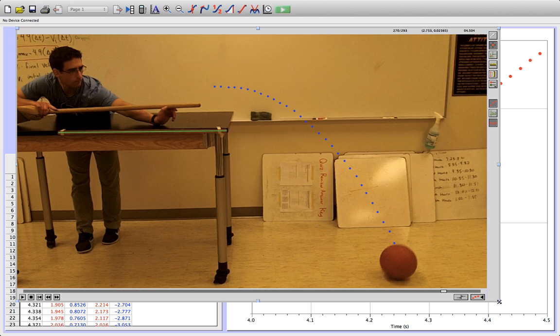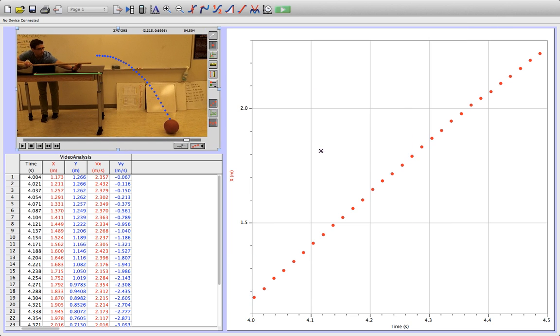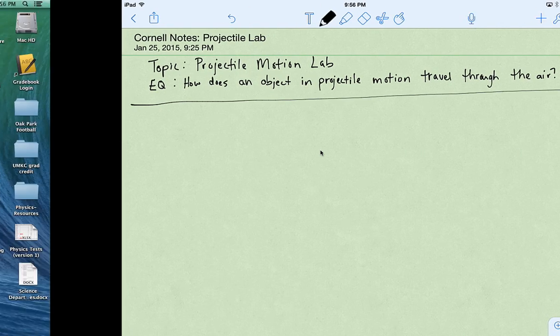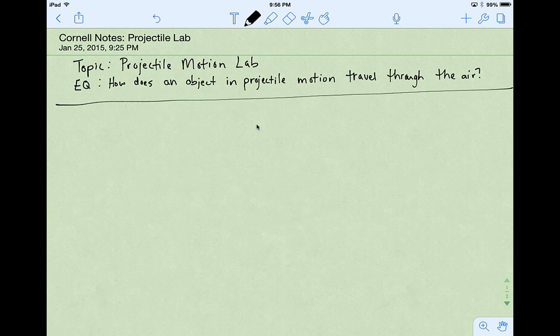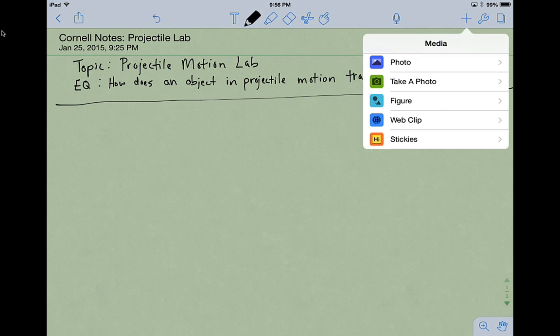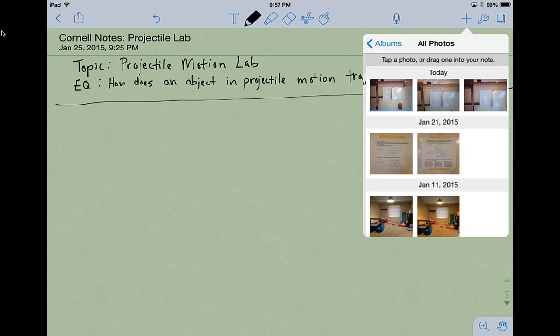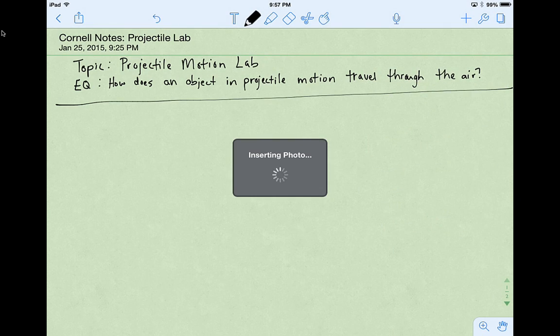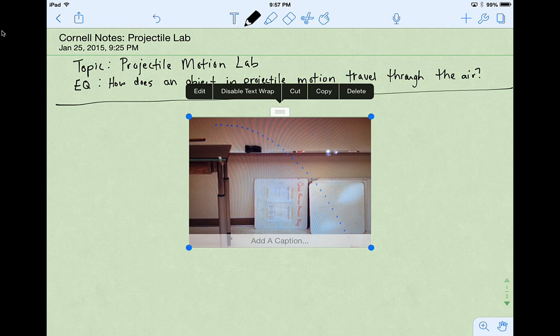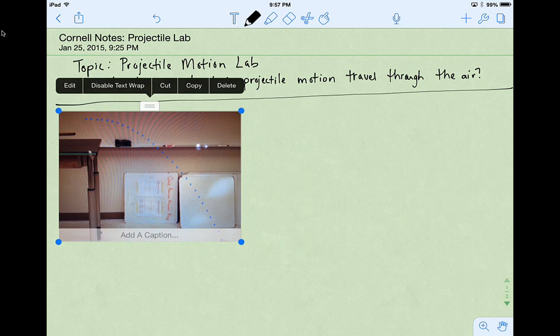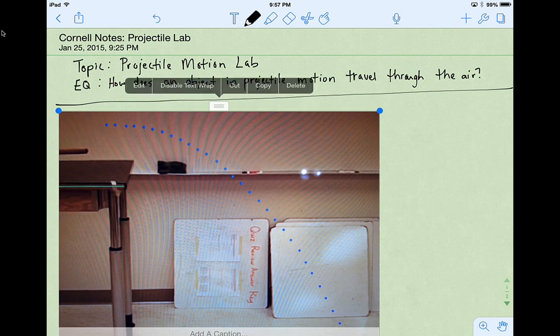So hopefully everybody saw something like that. I took a picture with my iPad. Let's go to all photos. Okay, so I used my iPad to take a picture of the motion.